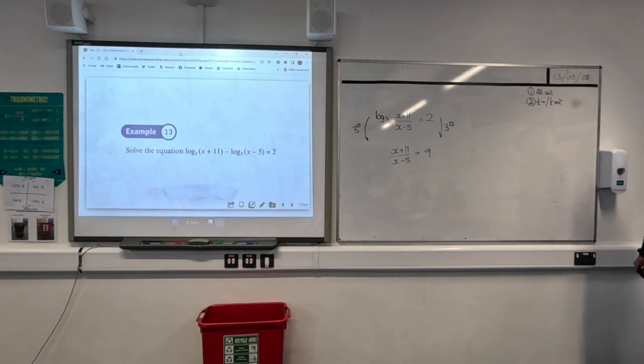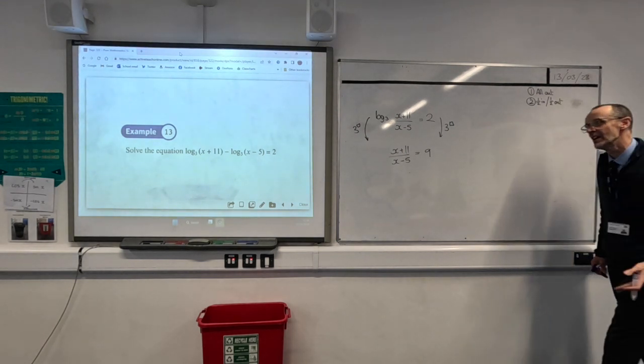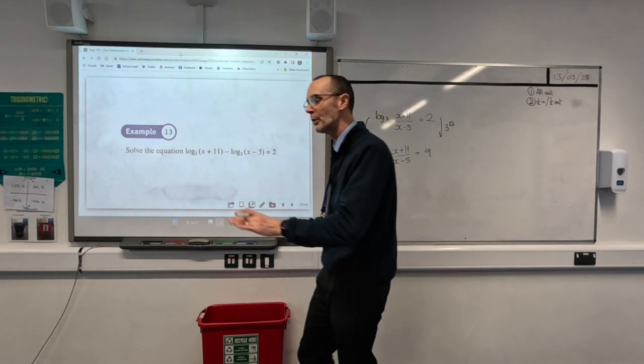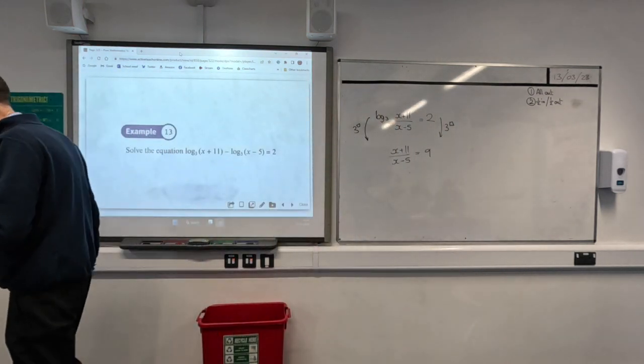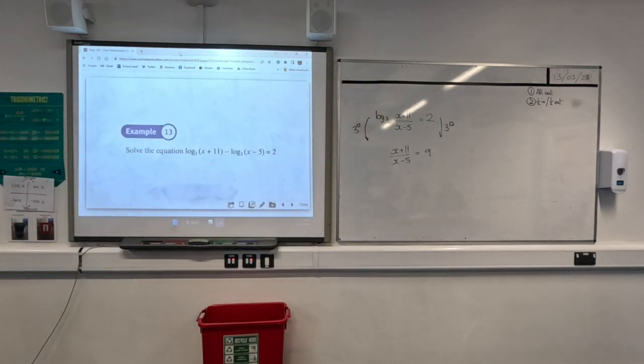Now, kill the fraction. Multiply both sides by x minus 5 and see if you can bring that one home. It's another one where you've got x's on both sides, so get all the x's on one side, see if you can solve it.